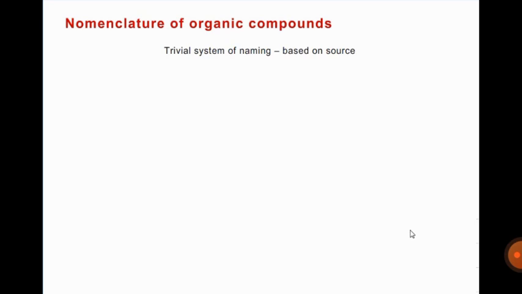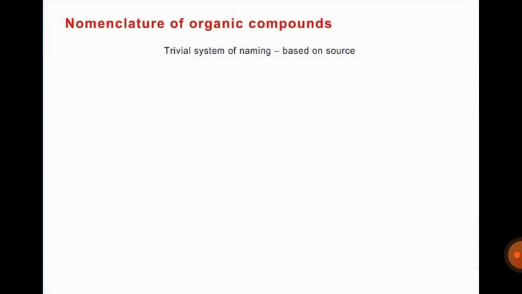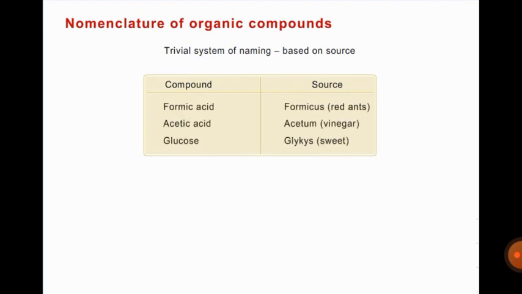So, initially the organic compounds were named as per the source we got the compound from, or according to the whims and fancy of the one who discovered it. We have a few more examples, like formic acid, acetic acid and glucose.